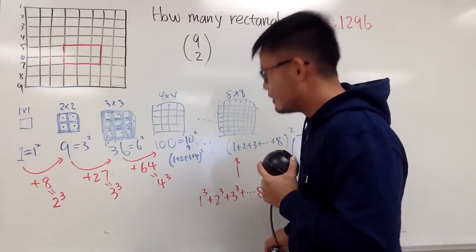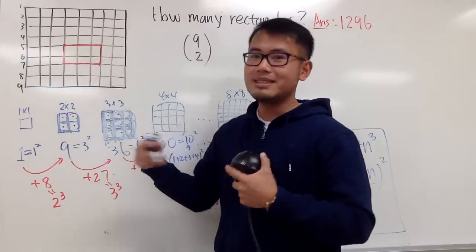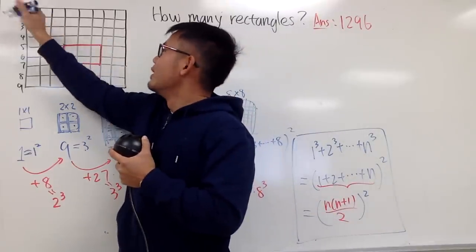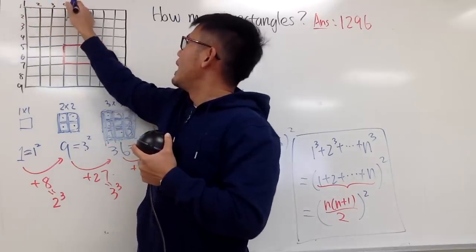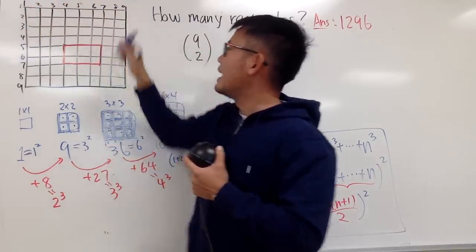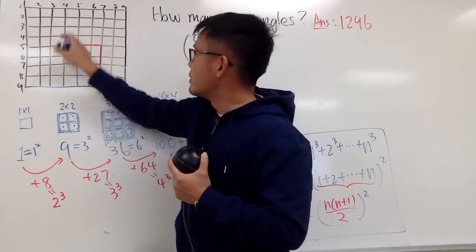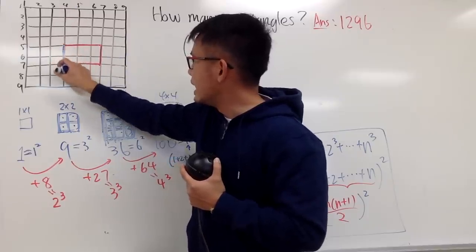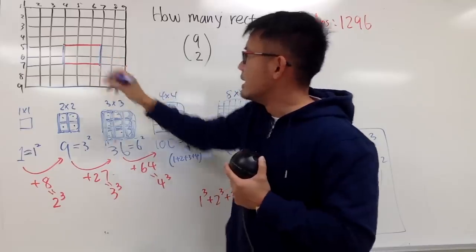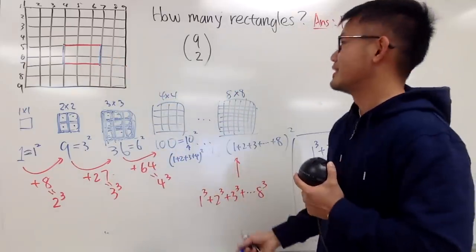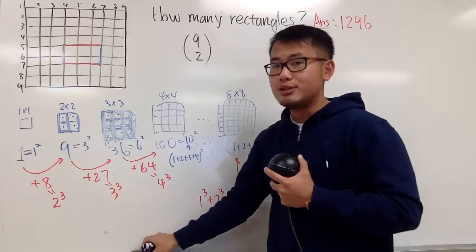And now, how can we select these 2 sides? Well, same argument. Right here, we have 1, 2, 3, 4, 5, 6, 7, 8, 9 lines as well. We just chose line number 4 to be the side on the left, and then line number 7 to be the side on the right. And guess what? Yes, we still have 9 choose 2.